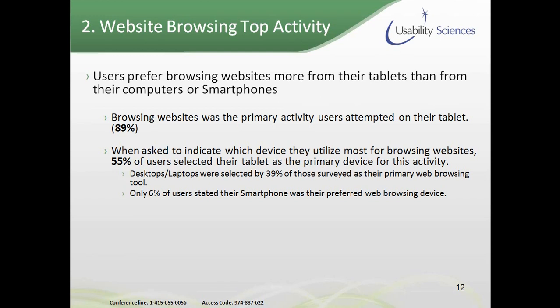Desktop and laptops were selected by 39% of those surveyed as their primary web browsing tool, where only 6% of users stated their smartphone was their preferred web browsing device. So once you own a tablet, users are finding themselves utilizing that more for basic web browsing than they do even their desktops or laptops.